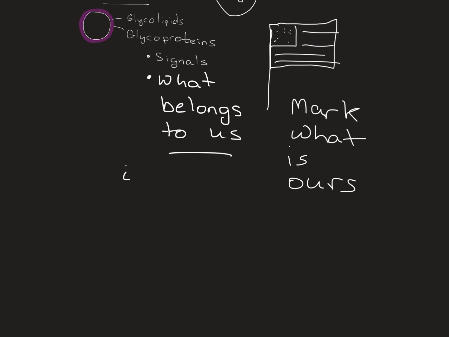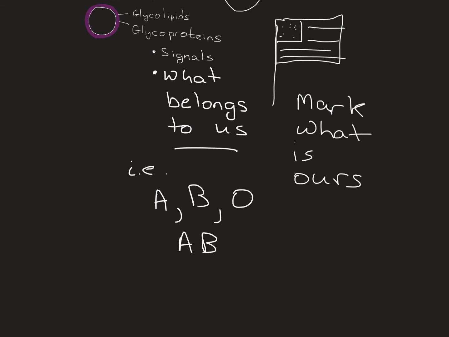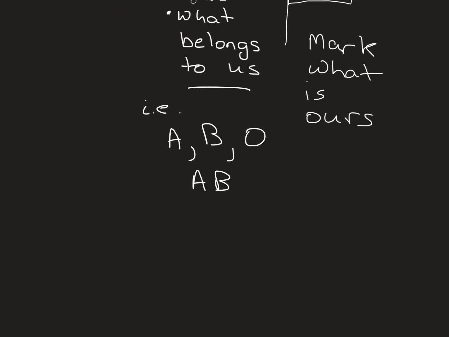For example, of what belongs to us. What blood groups? A, B, O, AB. You've heard of these, yes? And then there's plus or minus. It's RH, RH plus or RH minus.